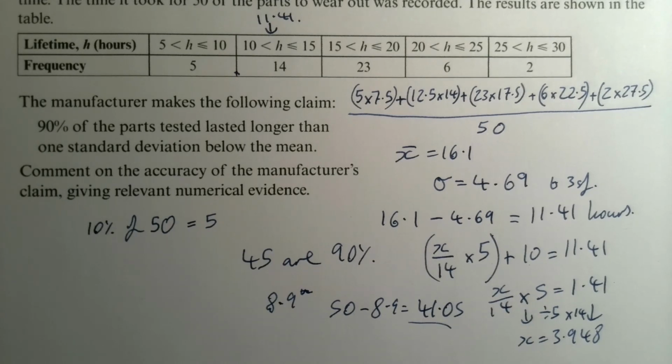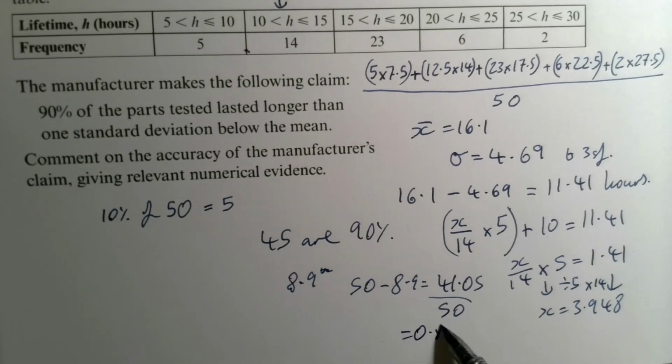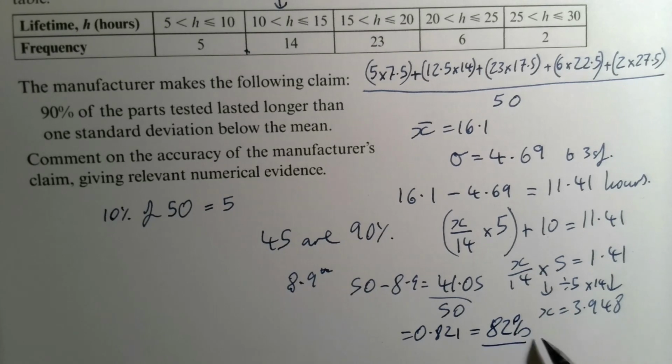So your comment on the accuracy would have to be to say that the manufacturer's claim is false because they've only got 80 something percent, not 90%. In fact, we can work out what percentage it is if we divide that by 50, can't we? Divide it by 50, and that equals 0.821, so that equals 82%, not 90%.